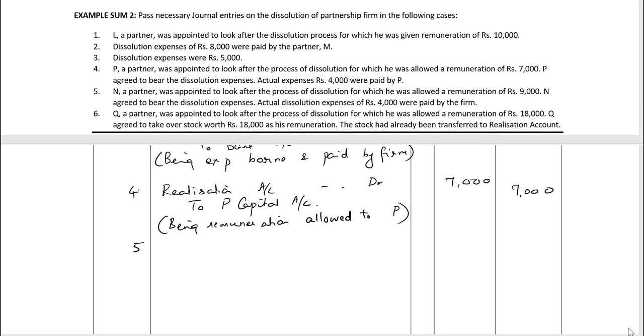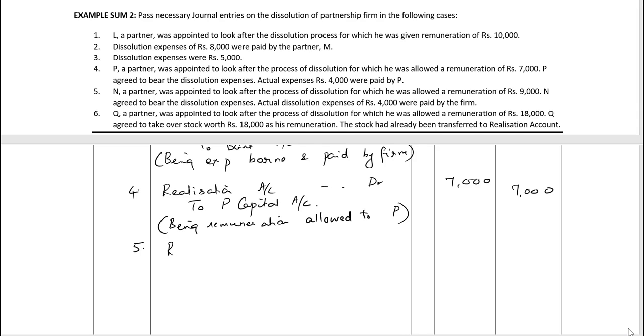The fifth question. N, a partner, was appointed to look after the process of dissolution, for which he was allowed a remuneration of rupees 9,000. N agreed to bear the dissolution expenses and actual dissolution expenses of rupees 4,000 were paid by the firm.